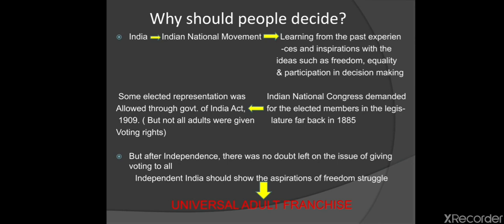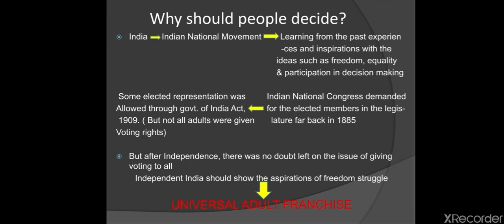Okay, so India, and you know about the Indian national movement, the freedom struggle, and in that there were nationalists and freedom fighters, and they cherished the ideas. Which ideas did they cherish? They thought, learning from the past experiences and inspirations, with the ideas such as freedom, equality, and participation in decision making.